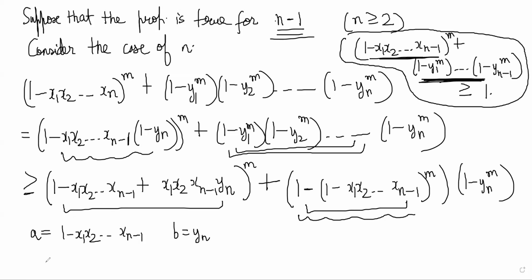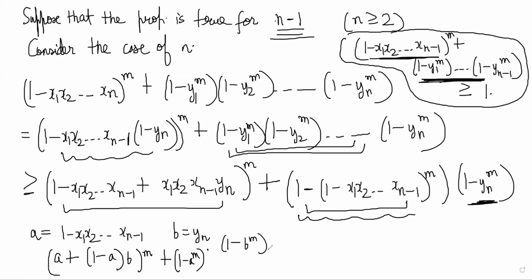This expression is (A plus (1 minus A)B) whole power m, plus this expression is (1 minus A) to the power m, and multiplied by (1 minus B) to the power m, right?